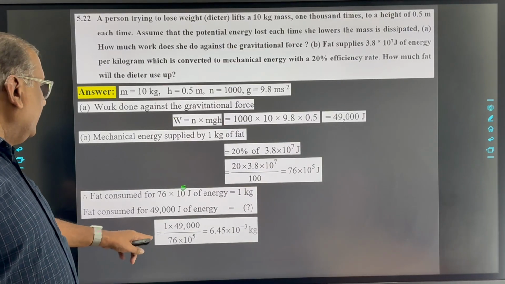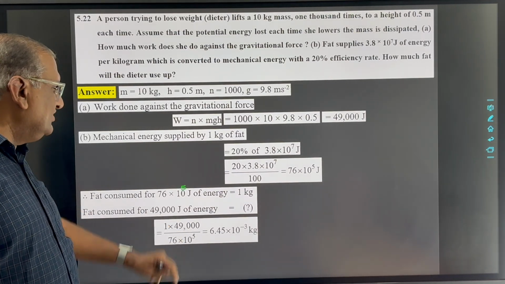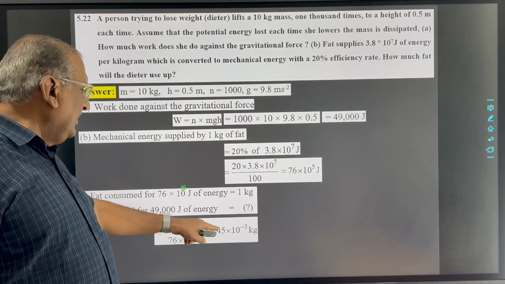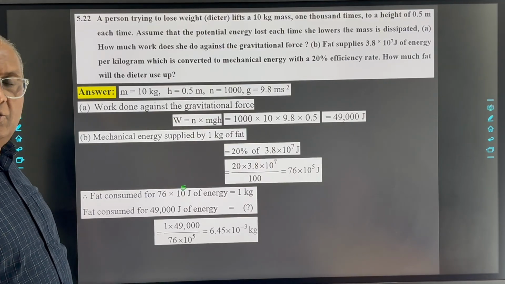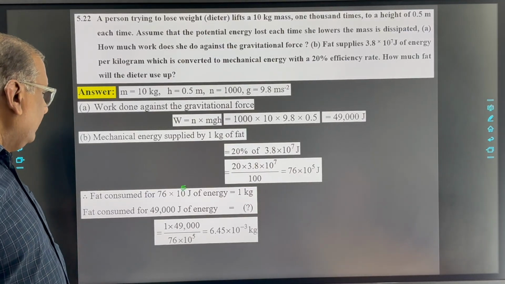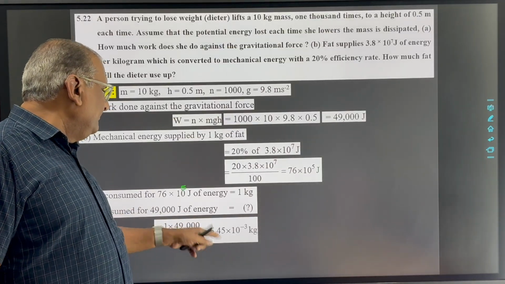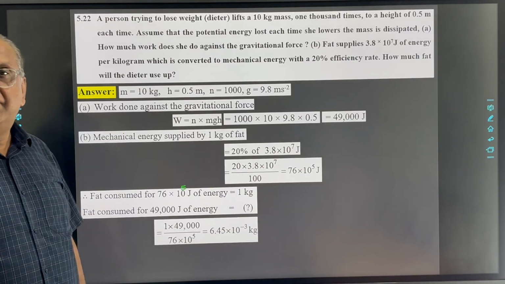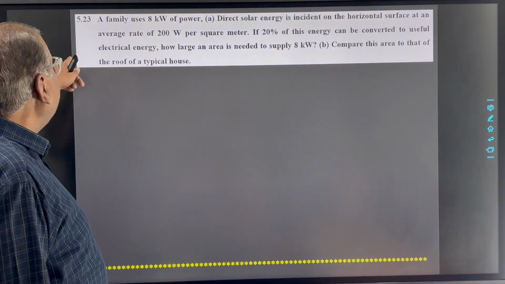So we can write 1 into 49,000 upon 76 into 10 raised to 5. So we get the answer 6.45 into 10 raised to minus 3 kilogram. Or we can write that as 6.45 gram. Clear?